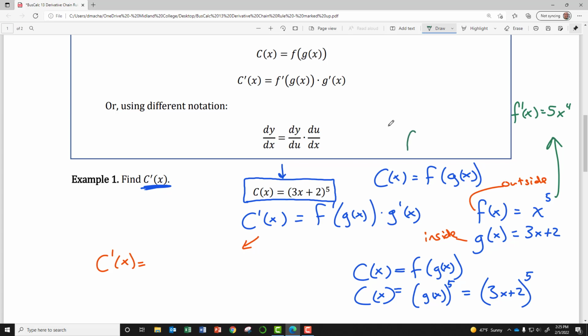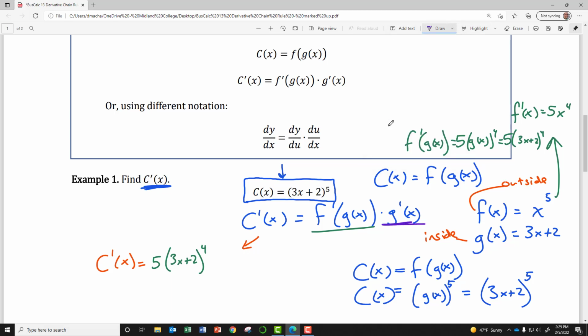So then writing f prime not just of x, but f prime of g of x would be 5 times g of x to the 4th power, which is going to be 5 times 3x plus 2 to the 4th power. So then this bit becomes 5 times 3x plus 2 to the 4th power.